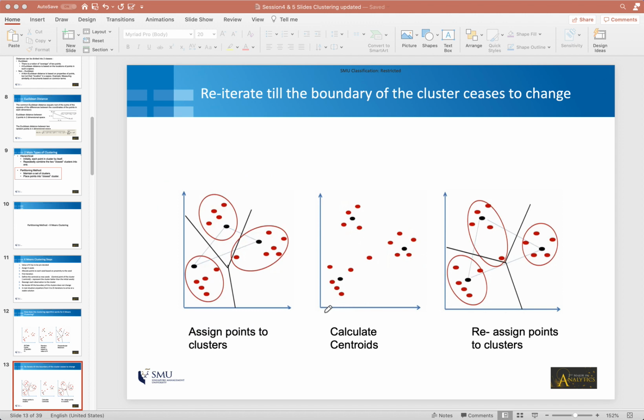Now remember, each observation is assigned only to a single cluster, so in that sense the clusters are mutually exclusive. And also remember that every observation is assigned to a cluster. You cannot have an observation which was not assigned to a cluster.